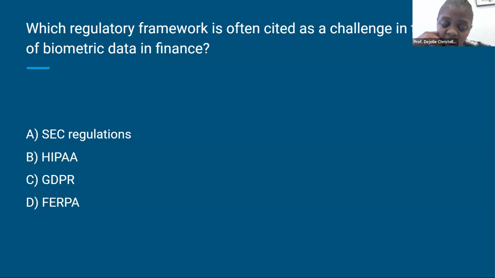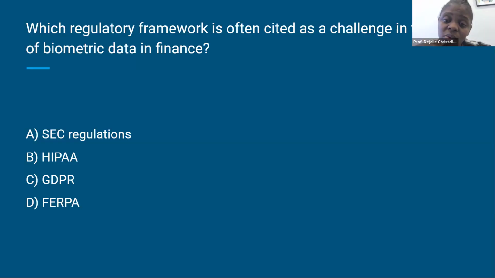The GDPR, I say this is a regulation for European countries to make sure that they work in compliance with their rules. The HIPAA is just here in the US, making sure that information of patients is confidential and protected.